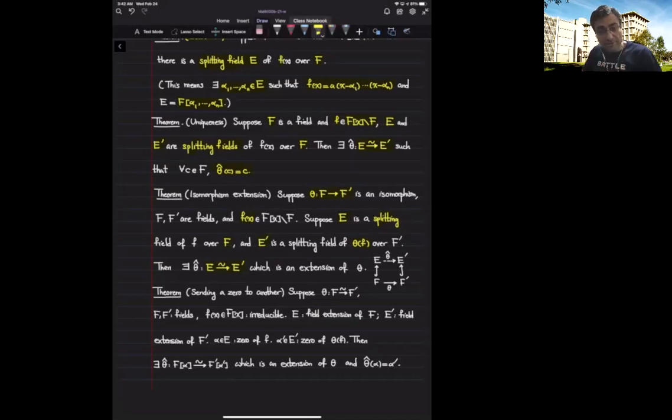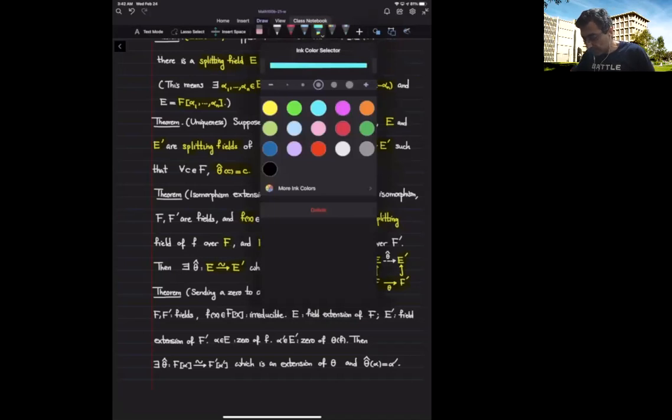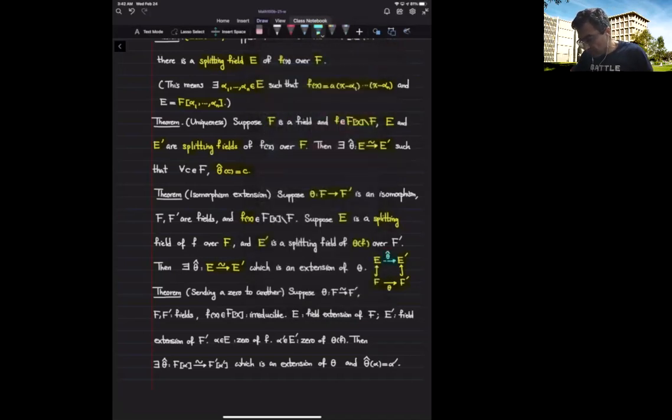And we can capture this statement in this commutative diagram, saying that if I give you an isomorphism from F to F prime, then if I consider the embedding of F into the splitting field of this polynomial small f, and the embedding of F prime in the splitting field of theta of f, then I can extend this isomorphism theta to an isomorphism between these splitting fields, and we denoted this by theta hat.